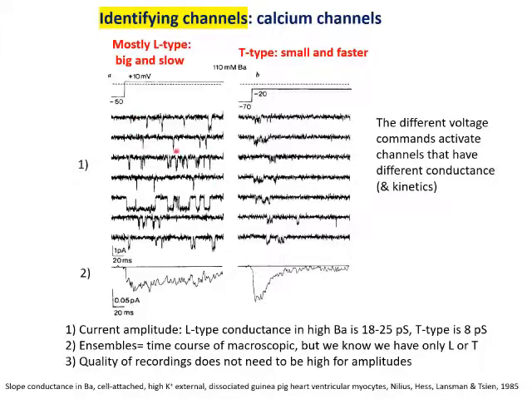If we produce an ensemble of these recordings, just summing them all together, you can see a slowish current, and a current that has different kinetics for the T-type channels. So you can clarify what different voltage commands have activated. And it's obvious that these channels are different. These are not fantastic recordings in terms of the noise, but it makes the point quite clearly.